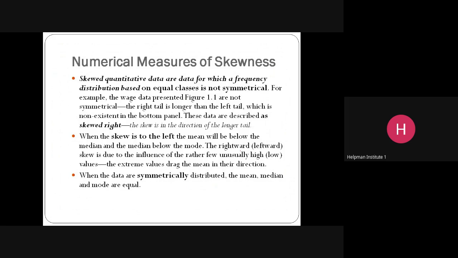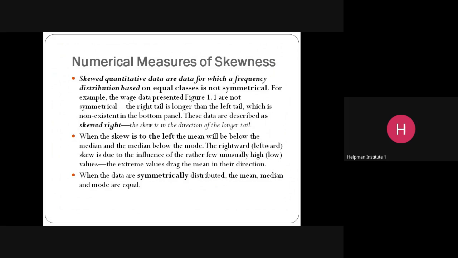We mean that it's difficult to have a data set that is symmetrical. Symmetrical means that it is balanced on both sides. Usually it's difficult, but just like the normal distribution that is symmetrical, every other distribution is either skewed to the right or skewed to the left or thereabout, or experiences kurtosis.